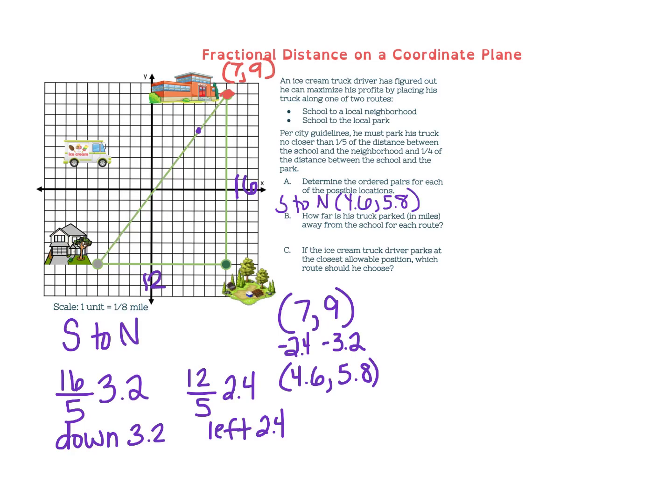So if I'm going from the school to the park, and I'm going a fourth of the distance, I'm going to take 16 and divide that by 4. That gives me 4. So I would just move down 4 units. 1, 2, 3, 4. Puts me right there. So that location is at 7, 5.